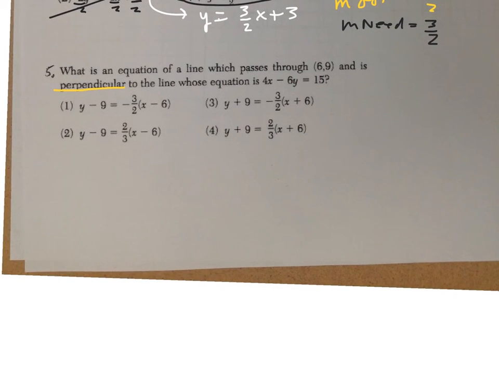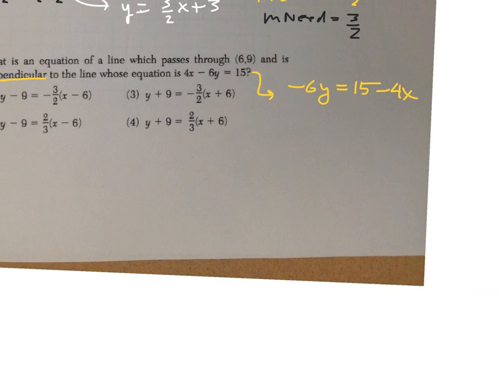For question number 5, alright, it says perpendicular. Well, the first thing is to figure out what the slope of this equation is. You could very quickly begin by subtracting 4x from both sides. Once you've done that, you can continue to solve by dividing both sides by -6.